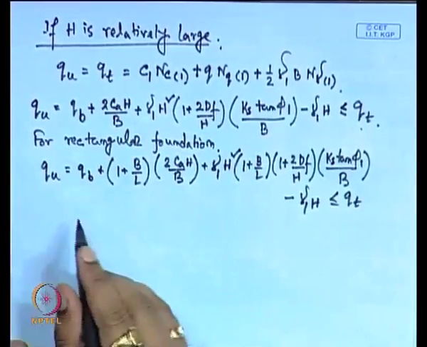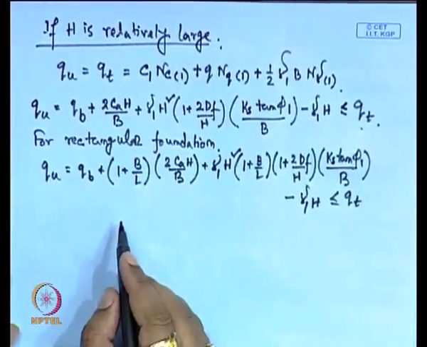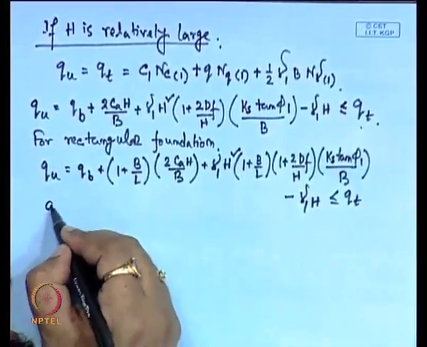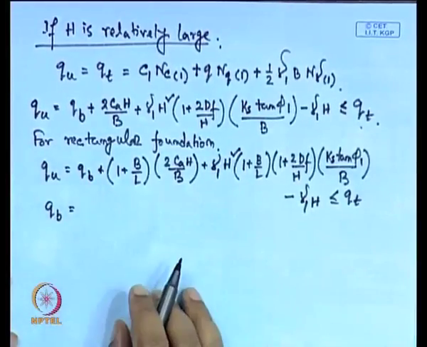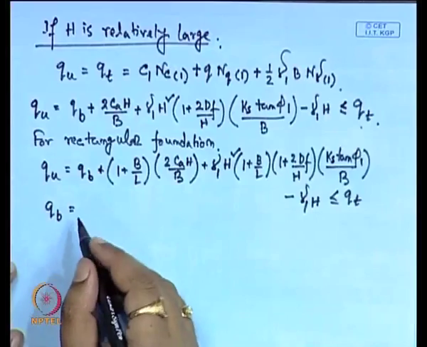Now, again we can calculate the value of Qb and Qt, where Qb is the ultimate load carrying capacity of the bottom layer.